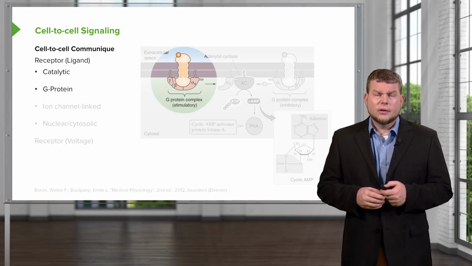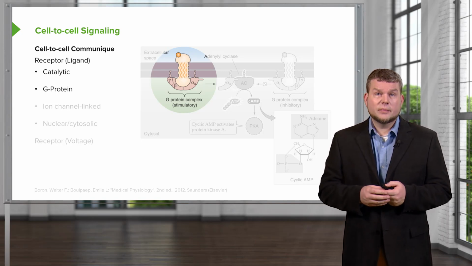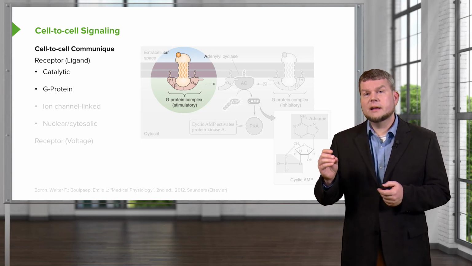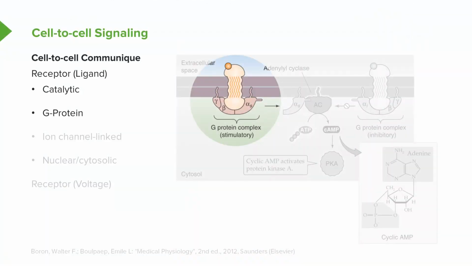Another example here of a G protein coupled receptor is this one, where you have a ligand binding to a receptor. You can see there are 3 G proteins around that receptor. We have them labeled here as an alpha, a beta, and a gamma.